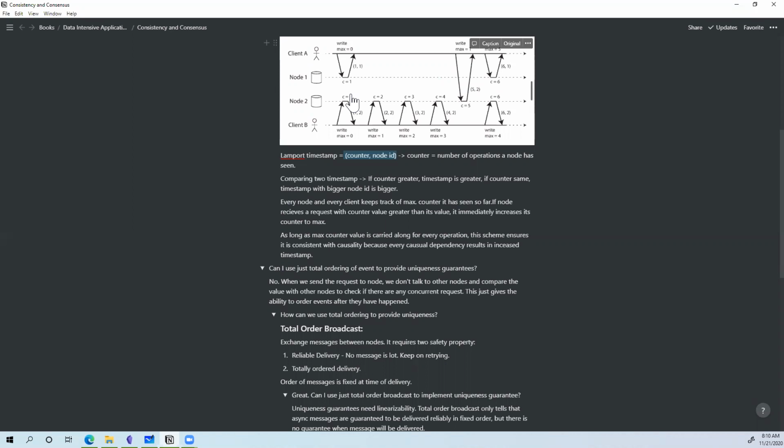If you think about it, the way we are approaching this problem is like implementing a consensus.